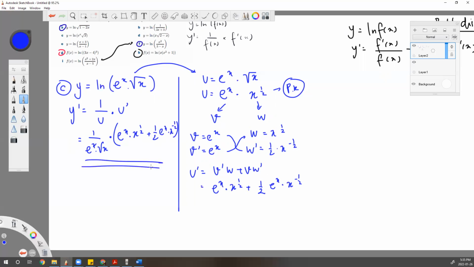Okay, that's all. I don't think you need to expand further, but if you want to expand further, it's better for the multiple choice part. e power x times square root x times e power x times, I just changed this into square root x plus half e power x over square root x, right?